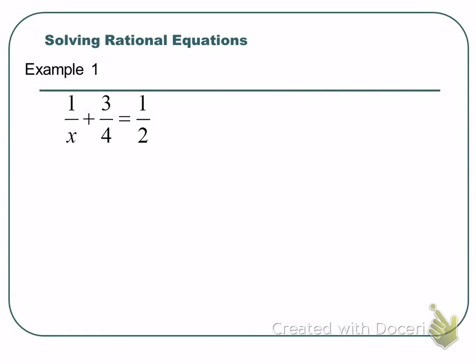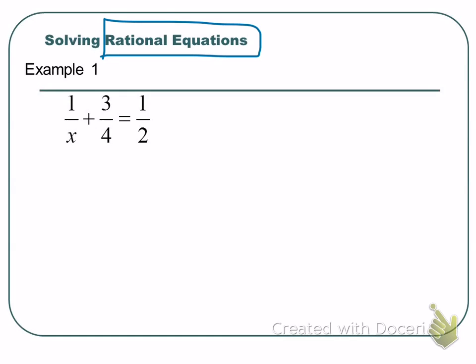Now, this is similar to the previous problems that we've worked that had rational expressions in them. And we had to multiply through by a common denominator to get rid of fractions. If we just have rational expressions and we have a choice, at some point when you're working with rational equations, and this is a true rational equation, it's not just an equation that has rational expressions in it.